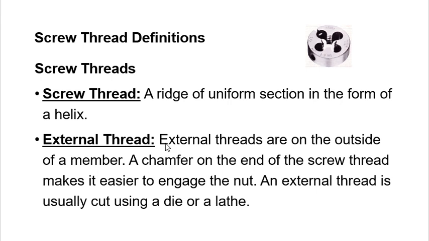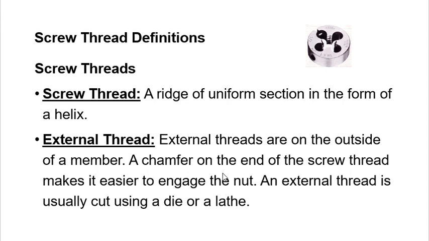So we have internal and external thread. The very first one is the external thread. Of course, we call it external because the threads are on the outside. And if you look at the screw very carefully, you're going to see the chamfer. That's why in our drawing application, you can see how to make the chamfer at the end of the screw.